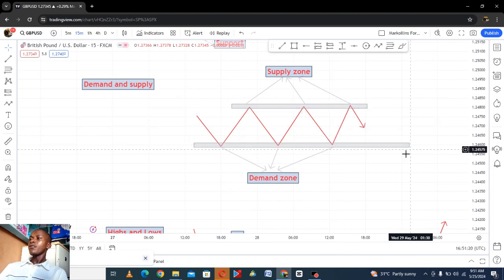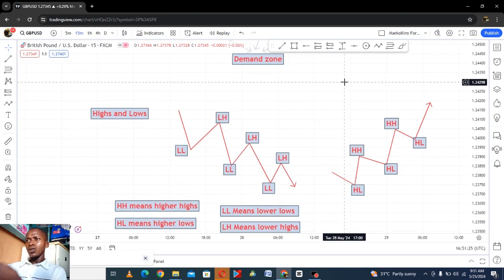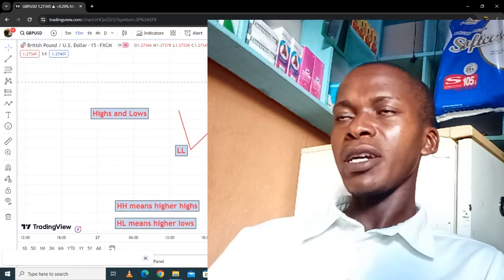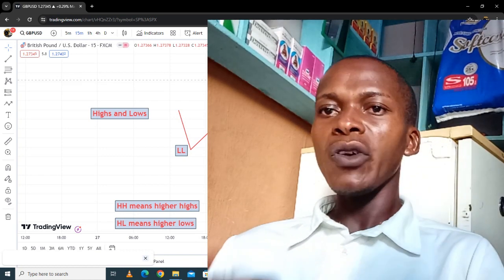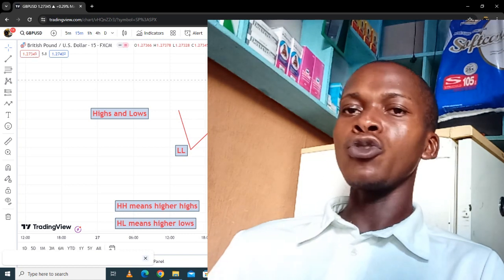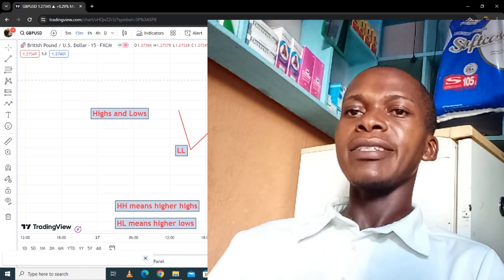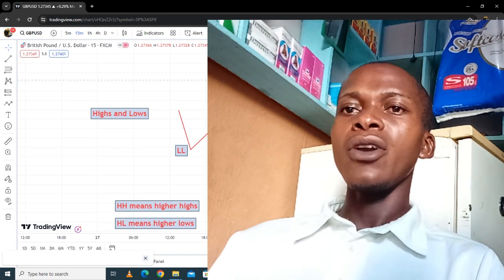Then another characteristic of market structure is highs and lows. This is one of the most important aspects of market structure that every trader needs to know. One of the simple concepts that is always common in forex trading is that you should buy low and sell high. It's common in a normal market.